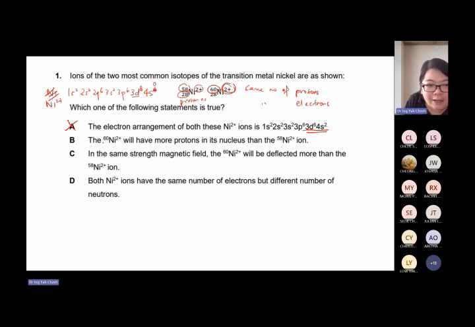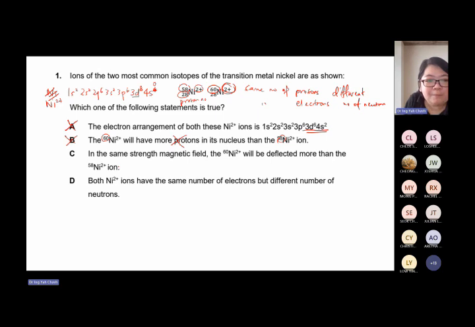Now this is another isotope of nickel-58. The difference is only the number of neutrons. So that is the other part of the definition, different number of neutrons. So not different in number of protons. So this part is wrong.